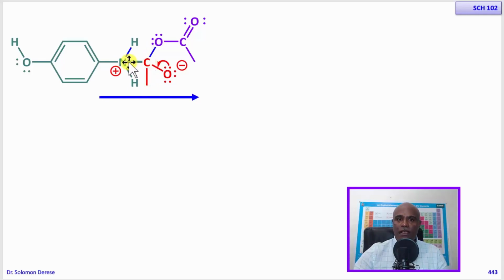If this carbon-nitrogen bond breaks, we are going to get the reactants. We will not have achieved. So breaking that bond does not make sense. The two possible bonds that we have to break are this carbon-carbon bond and this carbon-oxygen bond. If you break this carbon-carbon bond, we'll have a CH3 which is negatively charged. Carbon that's negatively charged is very highly unstable. So that's not going to happen.